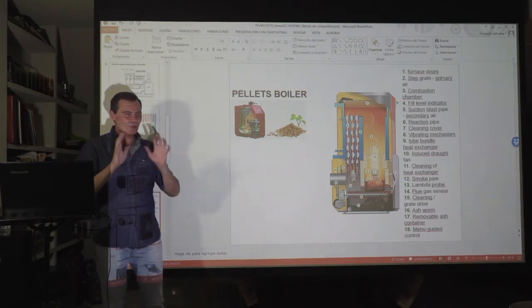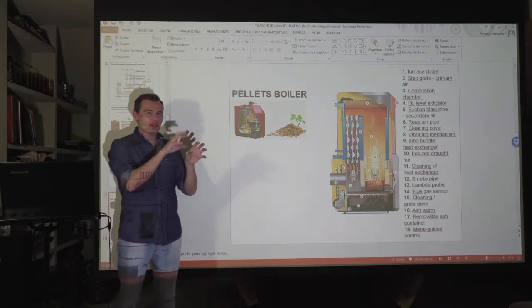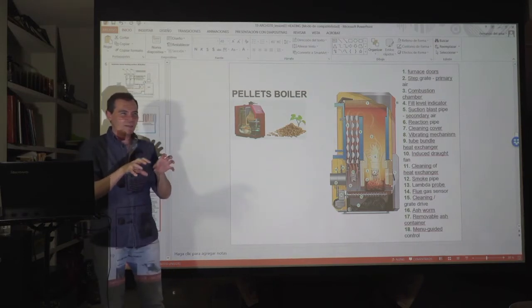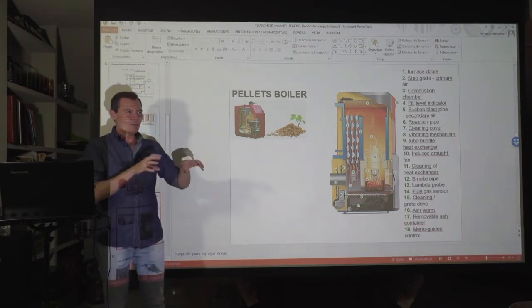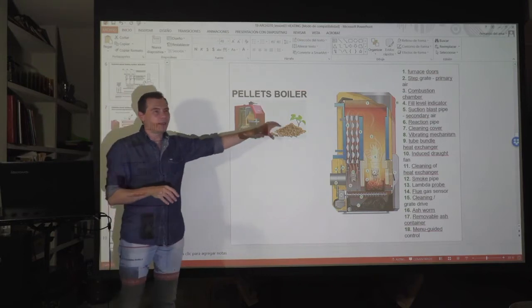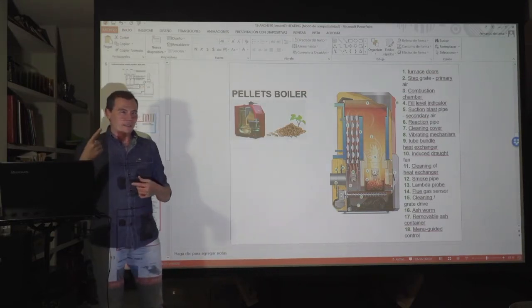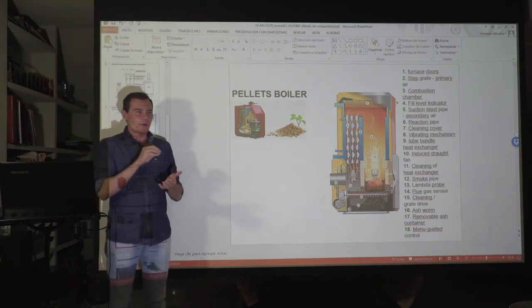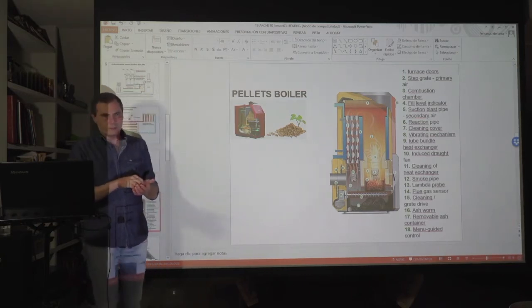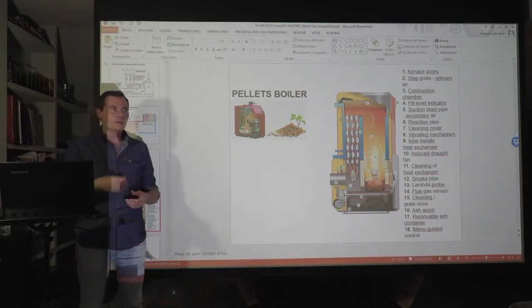But again, we have to look at this, and that's why we have the concept of primary energy. So is it better burning gas, or is it better burning pellets? Well, this is not a straightforward answer to this question. So we will answer this question at the end of this semester.